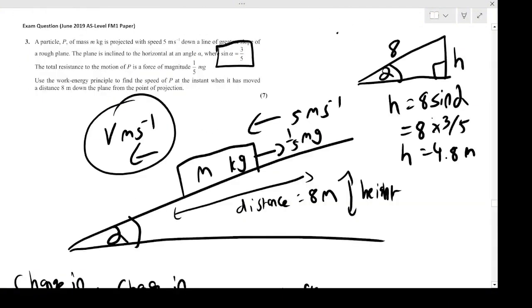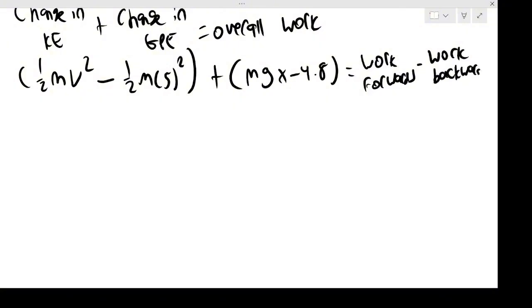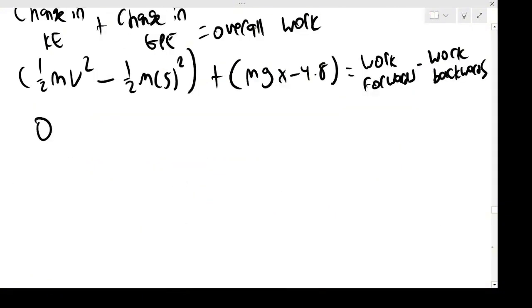Now, that's going to be negative because we're going down the slope, so that'd be minus 4.8. Then that's overall work. So it's going to be work forwards, take away work backwards. Obviously, once again, there are no forward forces, so there's no work forwards.